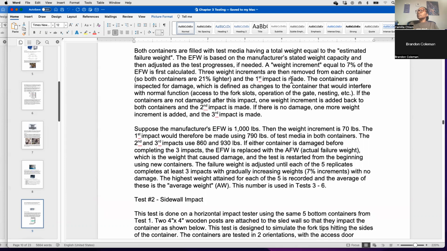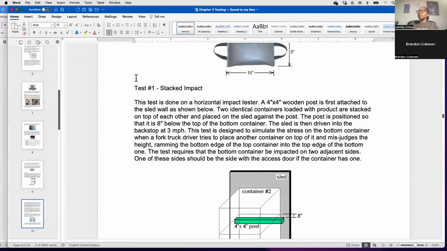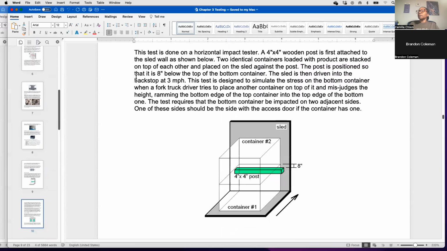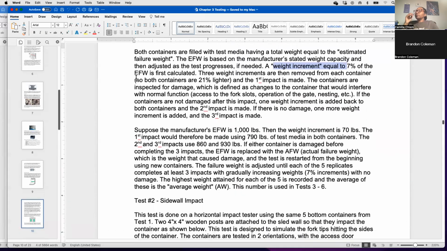So, you want to look at things like, what is this weight increment here? The weight increment is equal to 7% of your EFW. So, those are some things that you might want to remember as you work through this. Look at the different increments and think about what that does for you when a test is running.